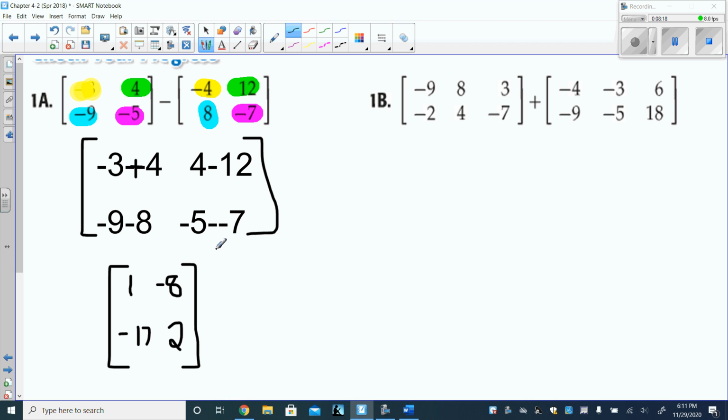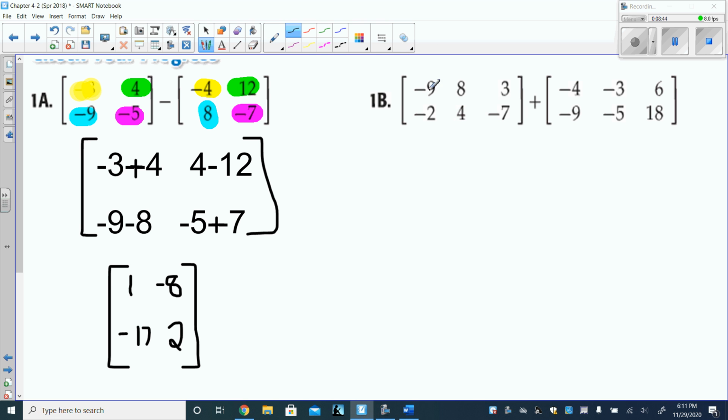And negative 5 minus 7, well, negative and negative would give us a positive, and negative 5 plus 7 would be 2. So I'm glad I wrote that out because, again, I had those two numbers off. So it's easy to make these little mistakes when we're not paying attention or trying to skip steps. So if it's helpful, write it out. Or, again, like I said, you can type this into the calculator because the calculator will do it.